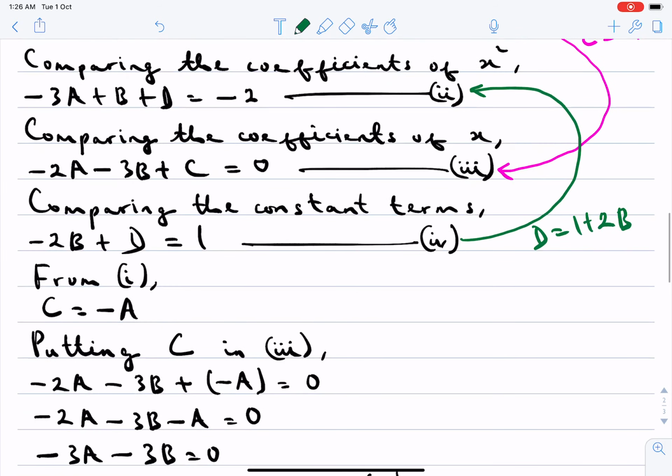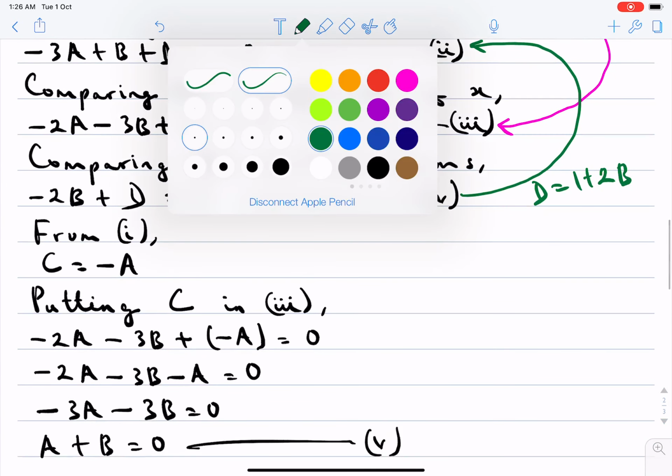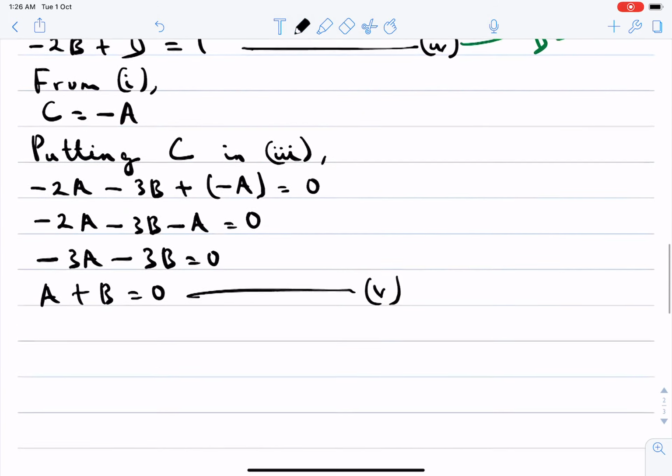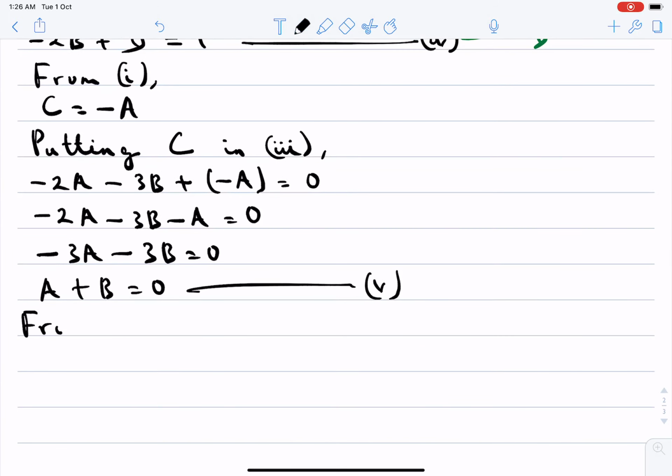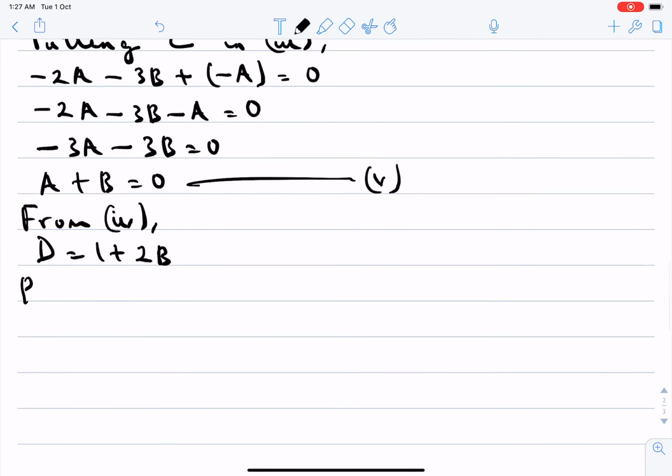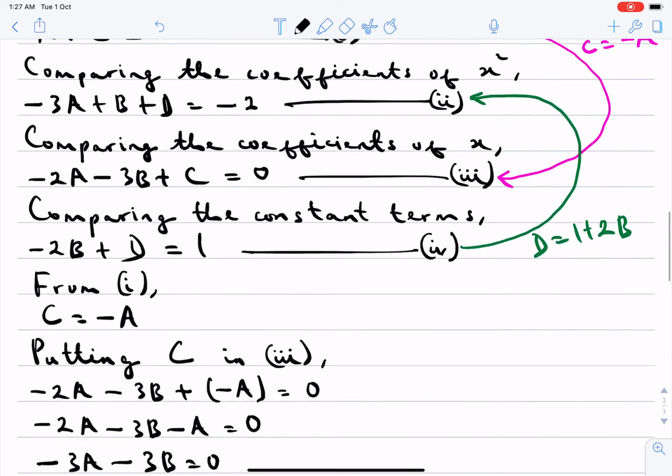Now I'm putting that d in equation 2. What's equation 2?